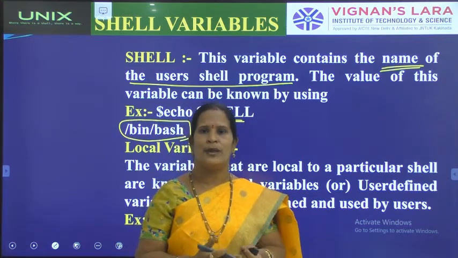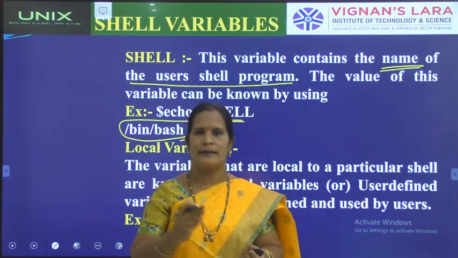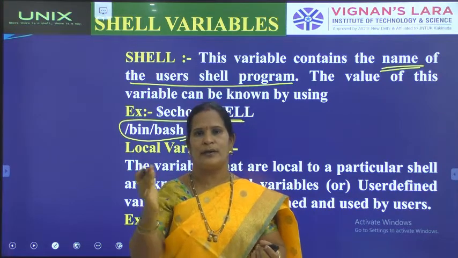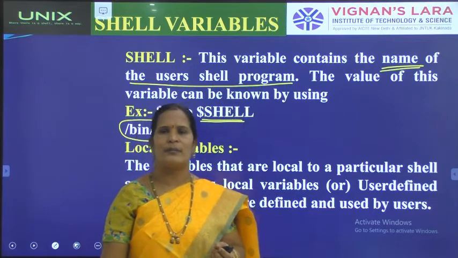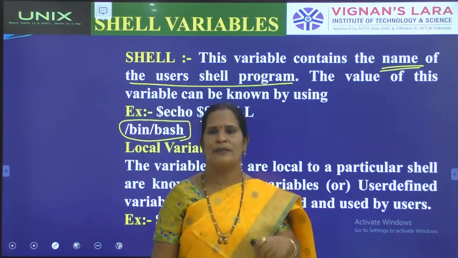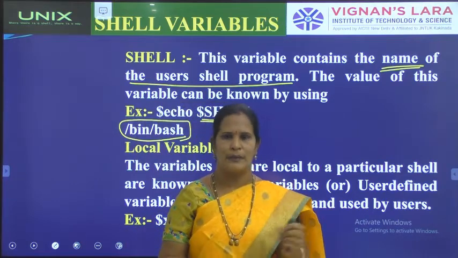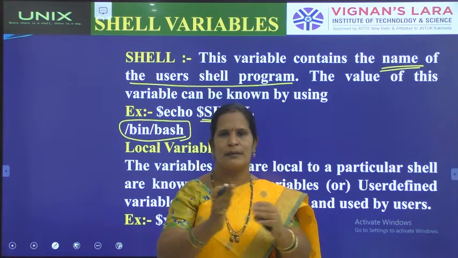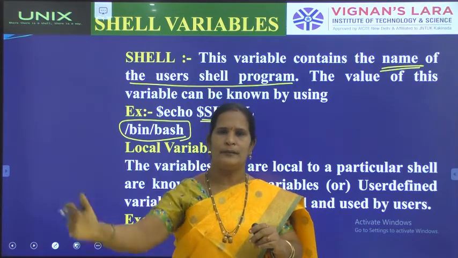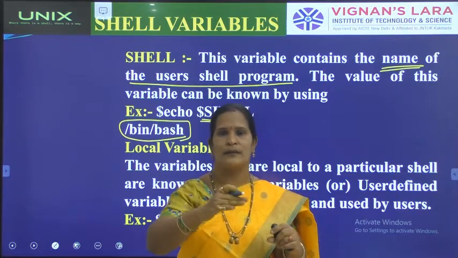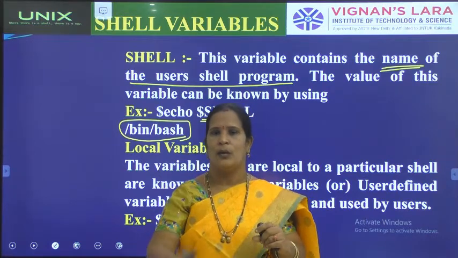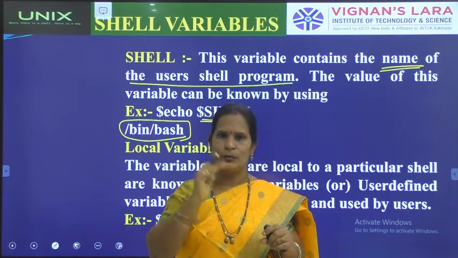Because these variables are declared, defined and used by users only. That is the main difference between system variables, local variables, and the last one, read only variables. System variables are set during the booting time. Local variables are set by users.